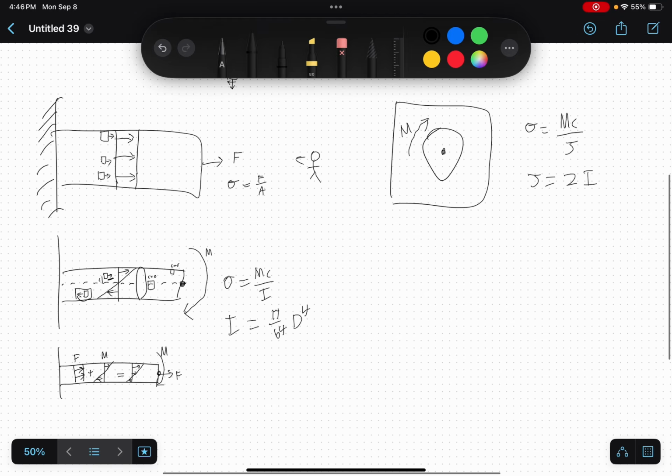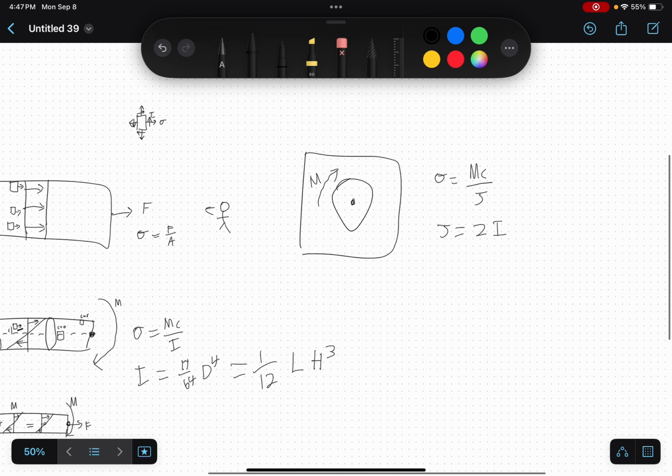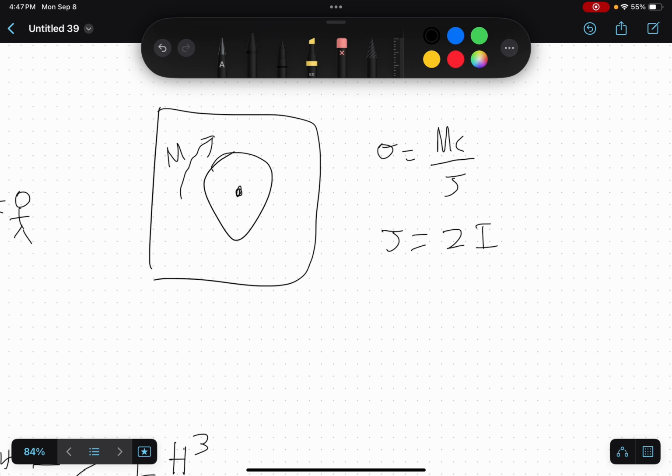If it's a square shaft, I think it's 1/12 length times height cubed. I think that's it. It's something like that. And J just equals 2I.